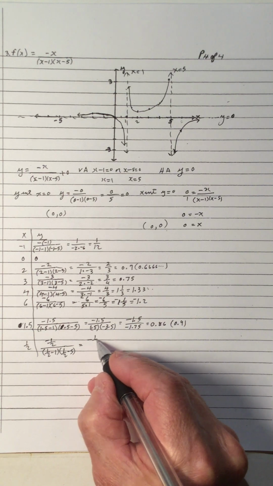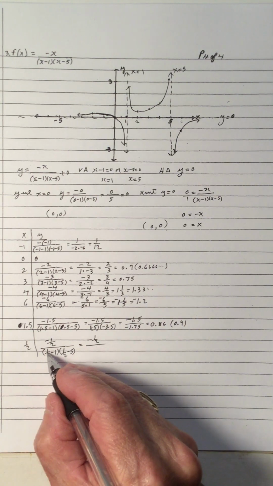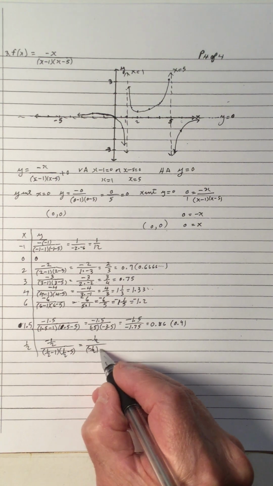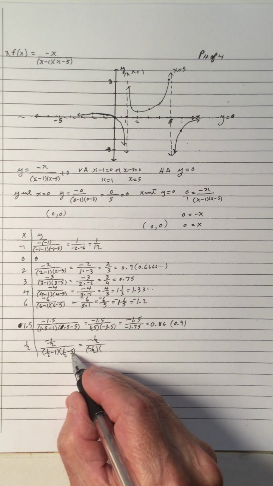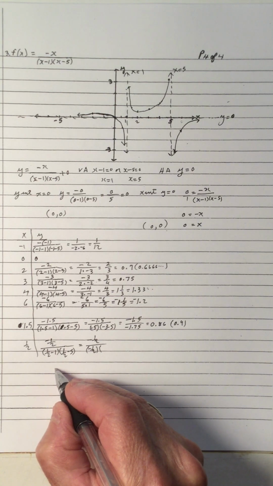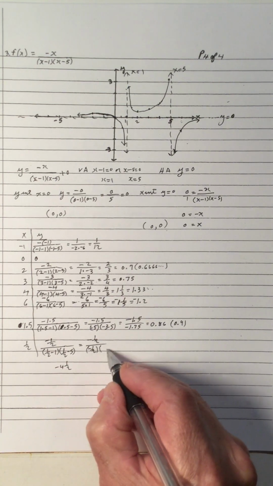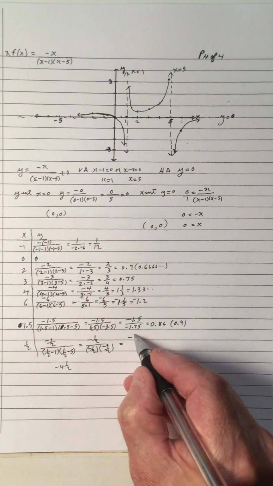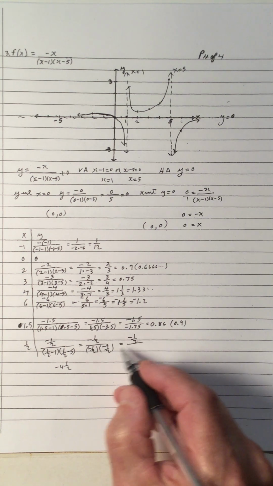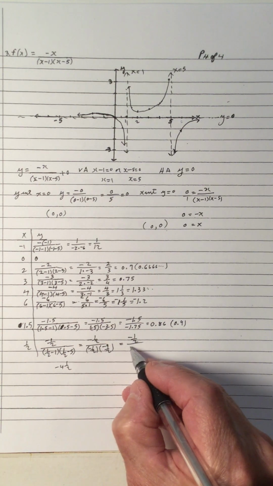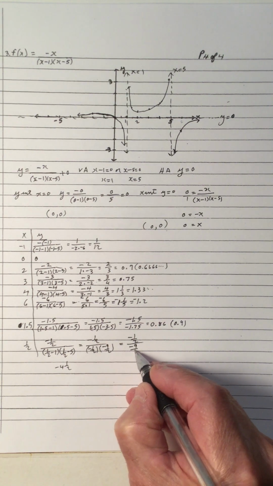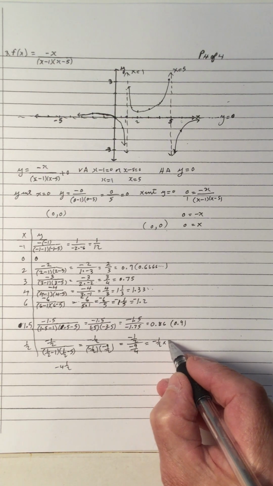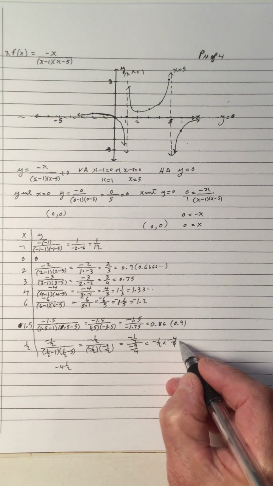So I got a negative a half, and a half minus 1 is a negative a half, and a half minus 5 is a negative 4.5, which is a negative 9 over 2. So I got a negative a half, and a negative times a negative is a positive, so that's a negative 9 over 4. So that's a negative a half times negative 4 over 9.